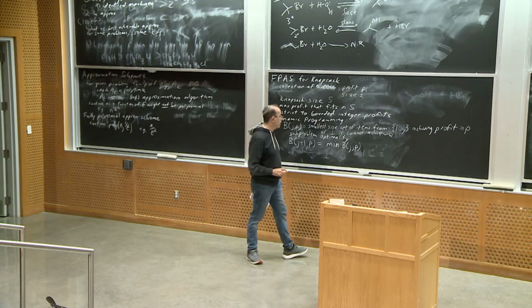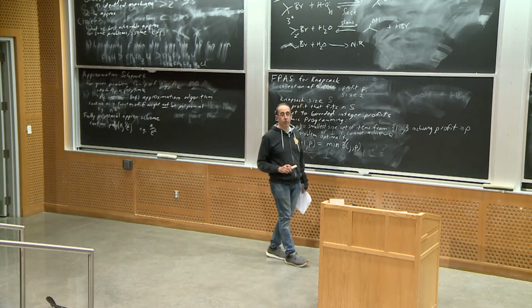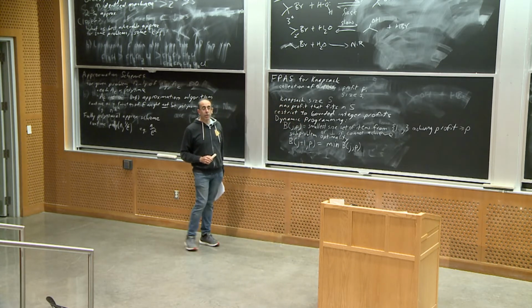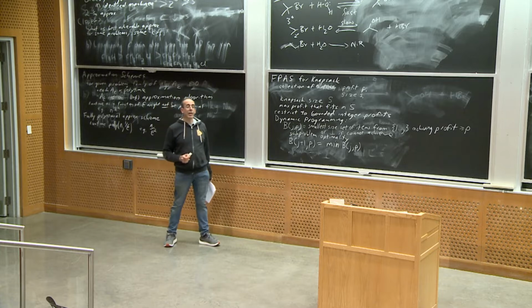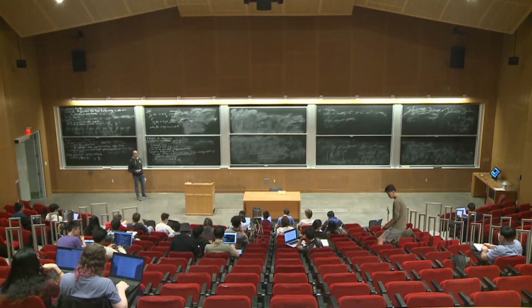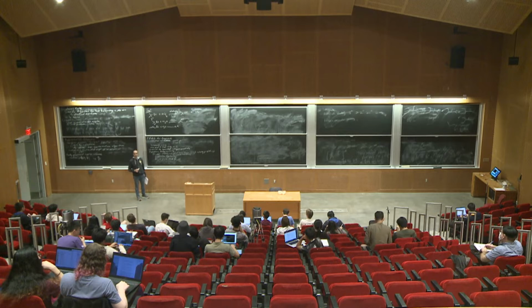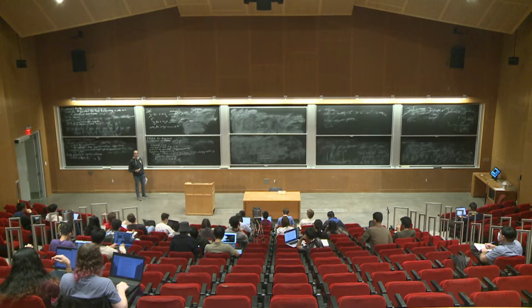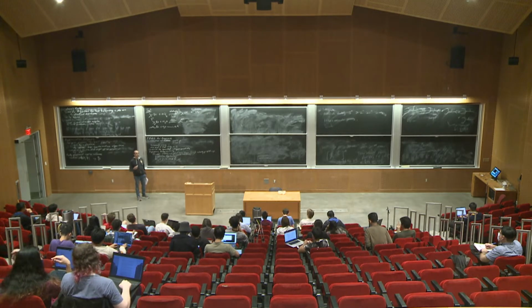What's the other possibility? The other possibility is that we do include item j plus 1. And if we know that we are including item j plus 1, how do we complete the optimum solution? What can we say about the rest of the solution?